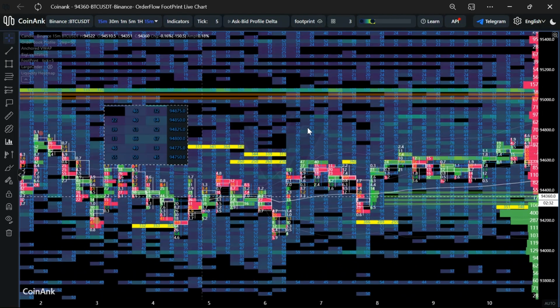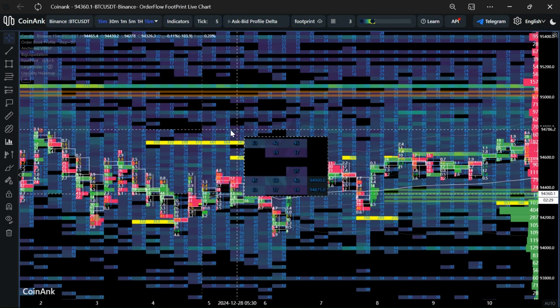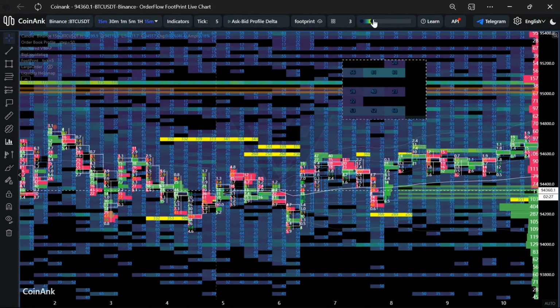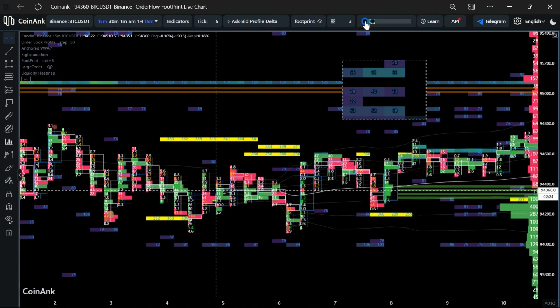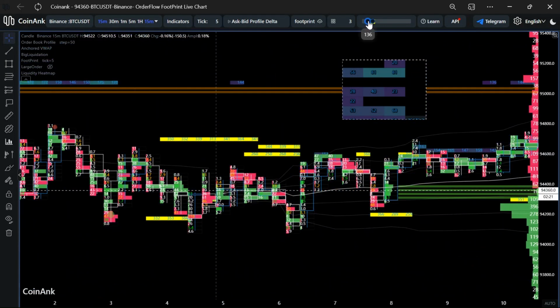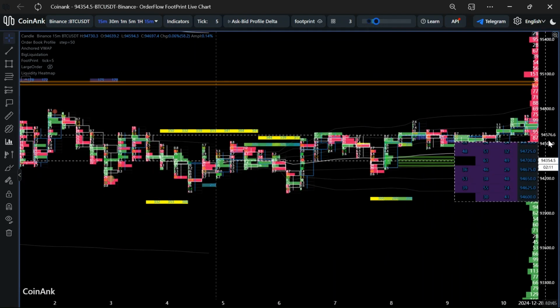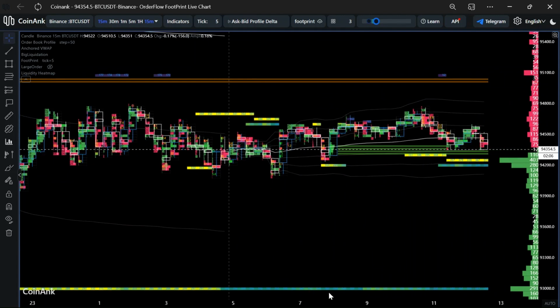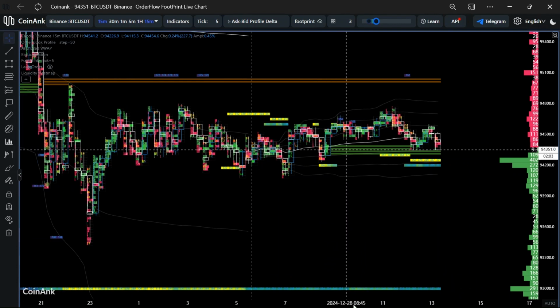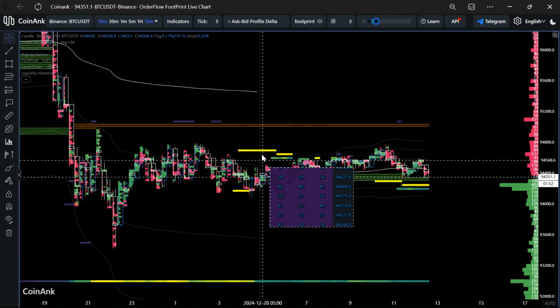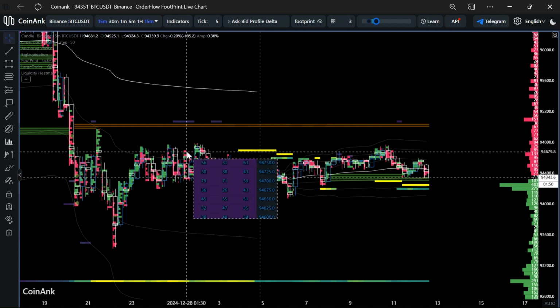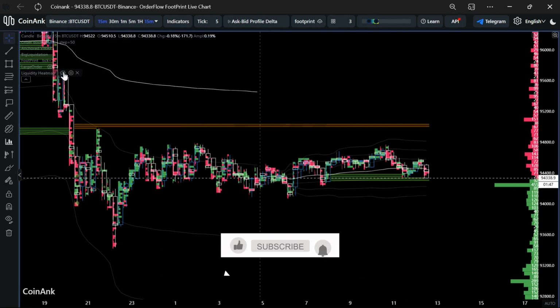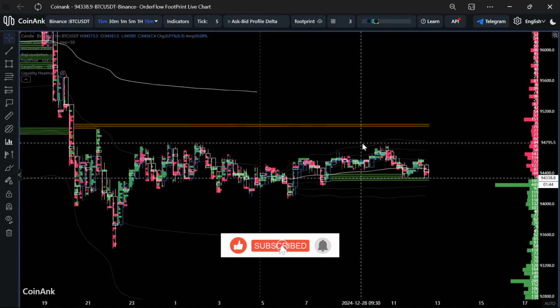The higher the order size, the brighter the color, which you can adjust in the slider. These show dynamics of both supply and demand, and act as support and resistance zones. So that's the overview for the main order flow section.